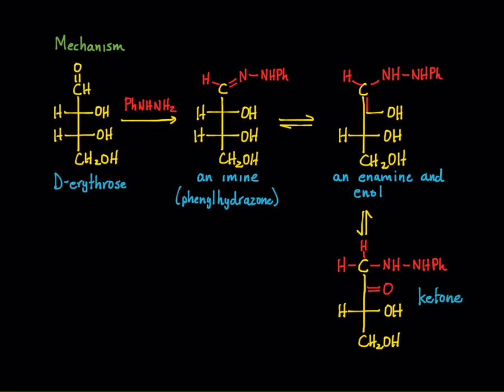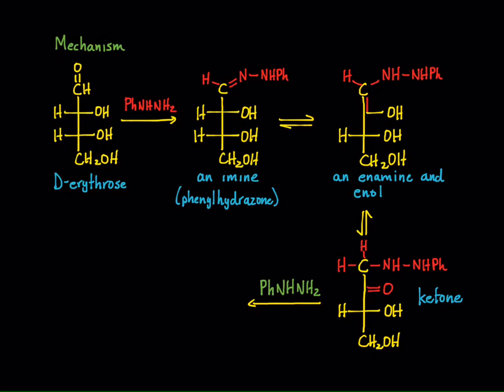We went from the enamine, noticing we also form an enol in the process, and the enol is in equilibrium with the ketone. So it's all about keto-enol tautomerism. Now, if a ketone can form on C2, I can react it with another equivalent of phenylhydrazine.